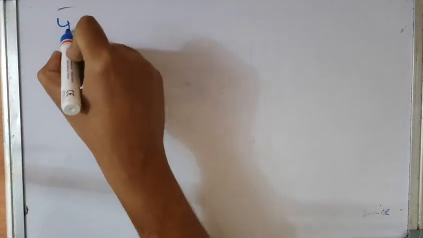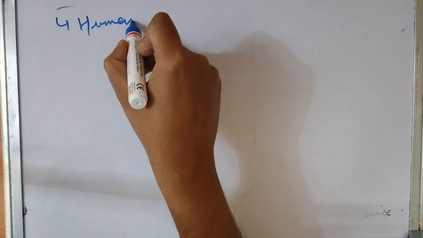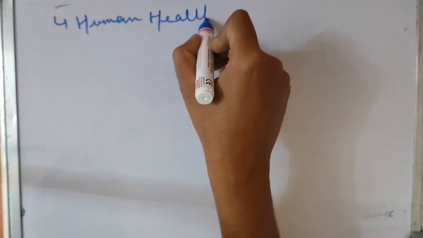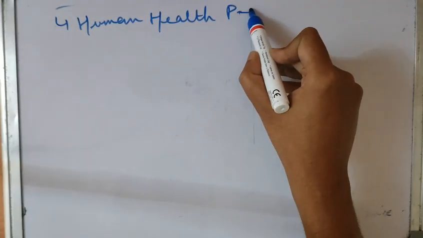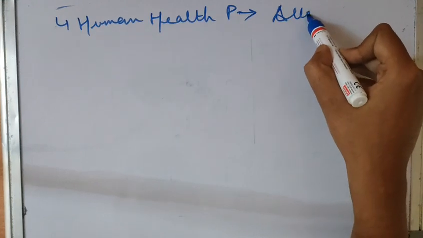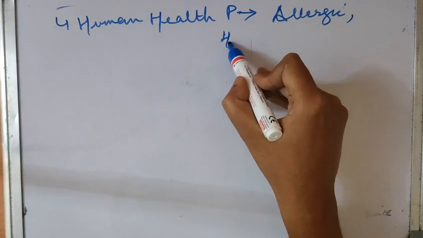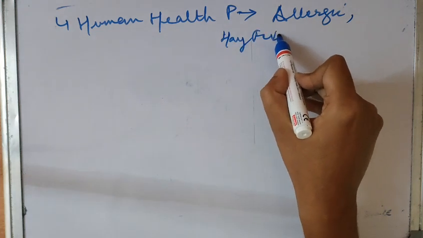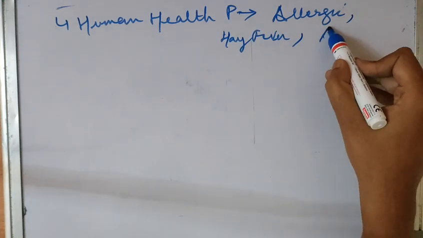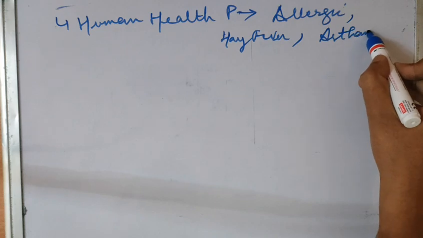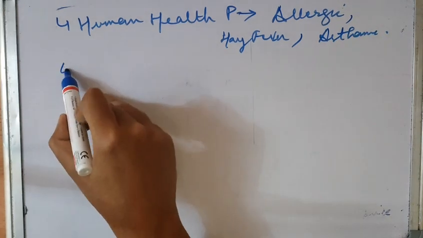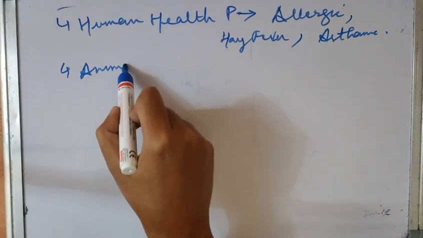Weeds also lead to human health problems. Allergic reactions. We have got hay fever. Some pollens of some weeds cause asthma also, etc. They also lead to animal health problems.